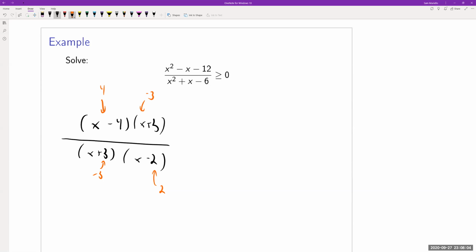We can plug these numbers in and see what comes out. So negative 3, 2, and 4. 4 is going to be a 0 on my graph because the numerator is 0, but the denominator is not. 2 is going to be a vertical asymptote because my denominator is 0, but my numerator is not.